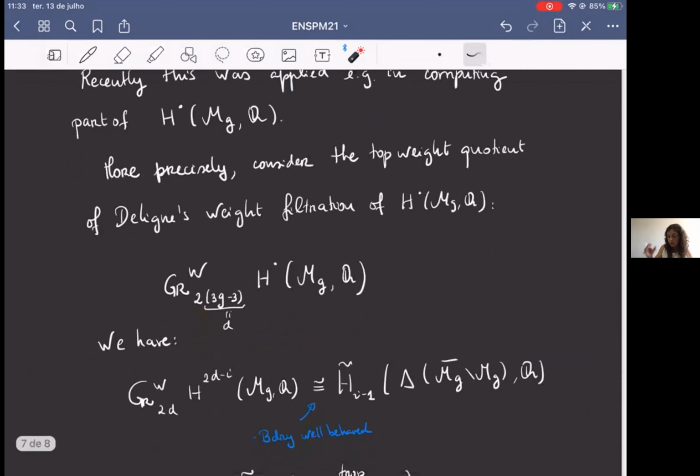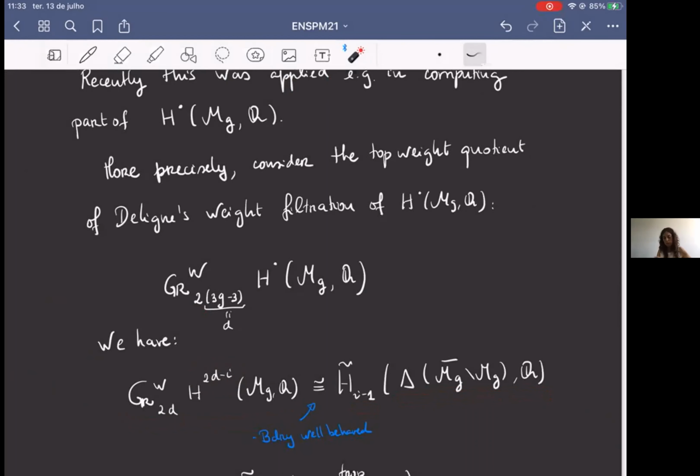And according to the Deligne construction itself, you can show that the top weight part of your cohomology, where you have to adapt the degrees, can be computed by the reduced homology of the boundary complex.